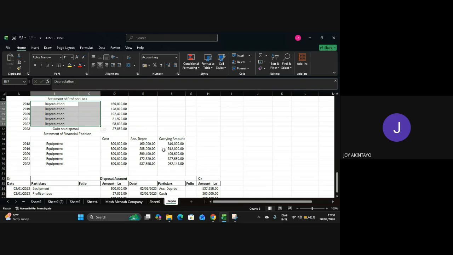Then we also have revaluation. Revaluation occurs whereby at a particular point in time, we look for the market value, the fair value of our assets. How much can we sell these assets at this point in time? Are we together?